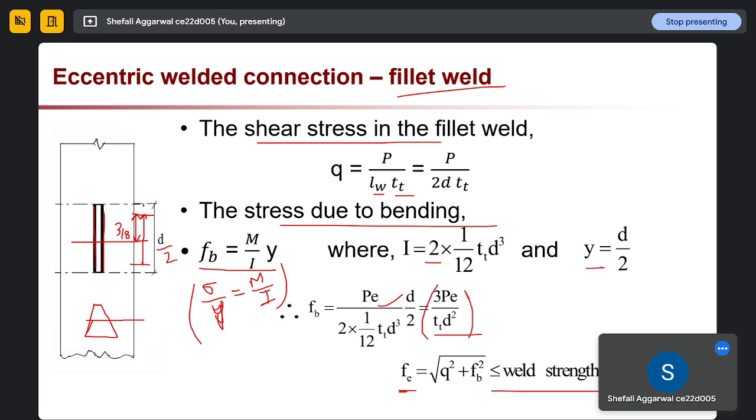But we are considering it at the center because it is symmetric. It just depends on the geometry of your object. The way your geometry changes, the same way your y will change. We have to calculate from the CG point to the extreme edge of the weld. Okay, ma'am. Got it.